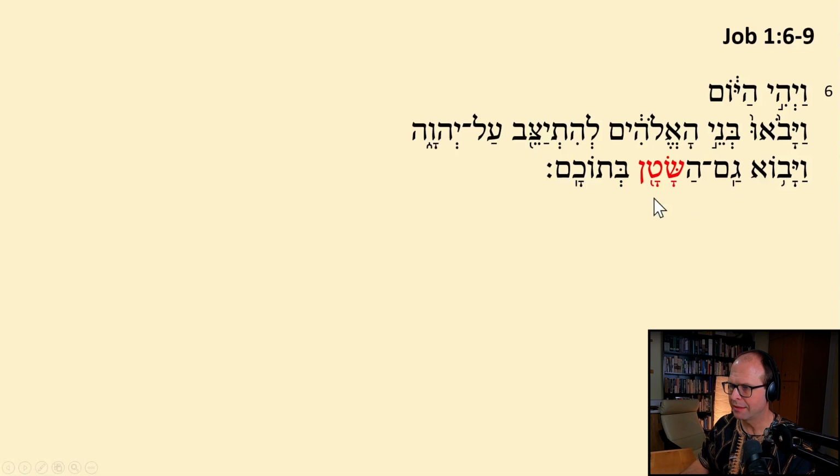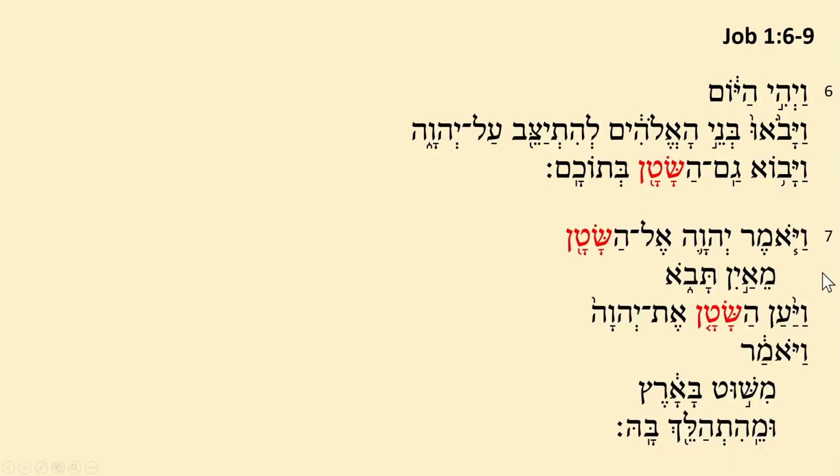Vayavo gam hasatan betocham. And also the accuser, we'll call him the accuser here, the Satan, came in their midst. Okay, so you got the Bnei Elohim who are there, and this Hasatan. Verse 7. Vayomer Adonai el Hasatan.